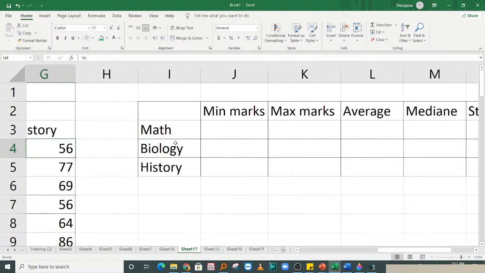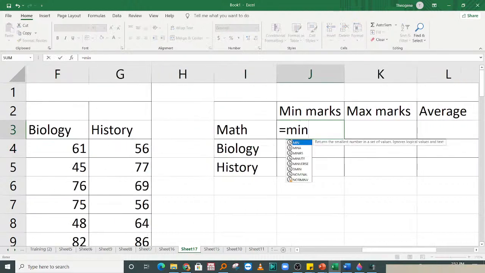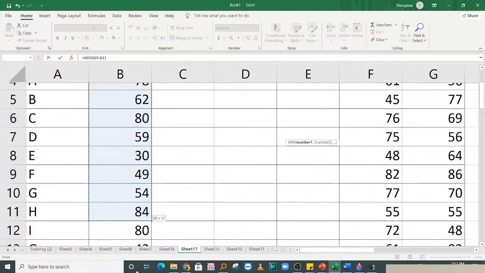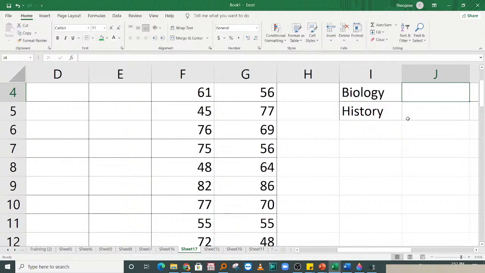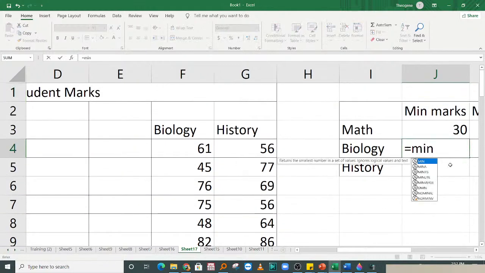Okay, so let's calculate the minimax in mathematics. Let's find the minimax in mathematics. We have this one. Okay, so the minimax in biology, select this.